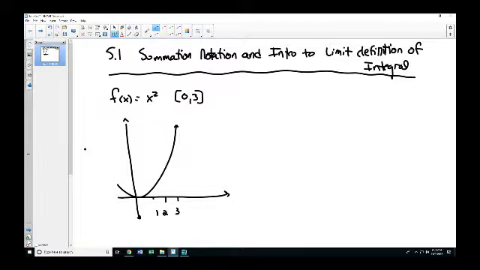So this is basically what we did yesterday. Can you calculate a right Riemann sum with 3 subintervals? Okay. So you can draw that up.